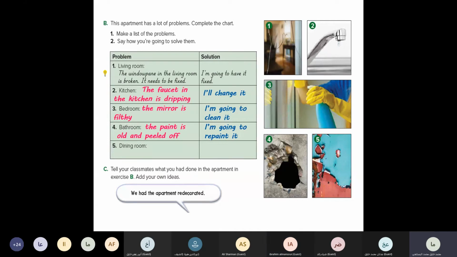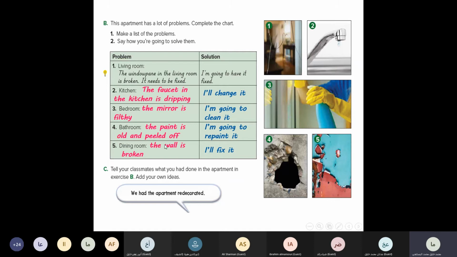I'm going to have it repaired, or I'm going to repair it by myself. And the last one, you have to change the answers, okay? Change the answers. Number 4 comes here.